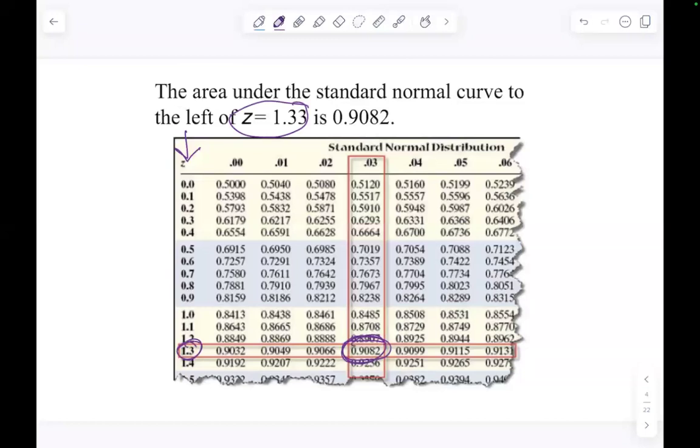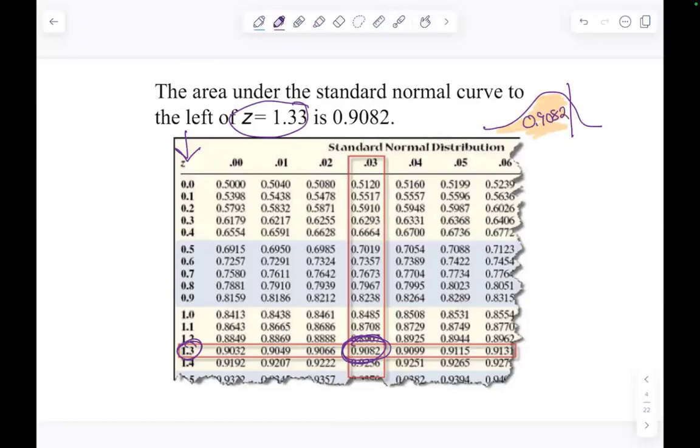This gives us the area to the left of that z-score. If I was drawing a normal curve, a z-score of 1.33 is about up here somewhere, and the area under the curve to the left of it is 0.9082.